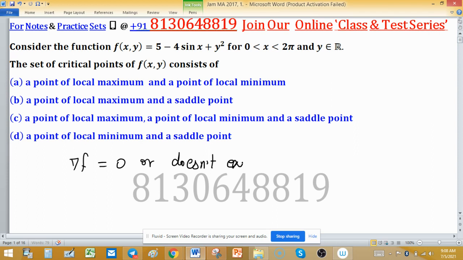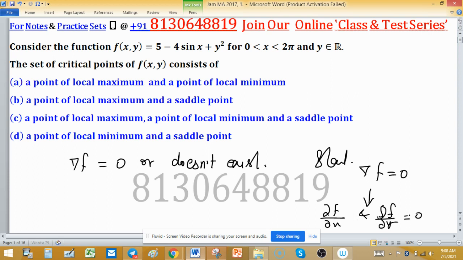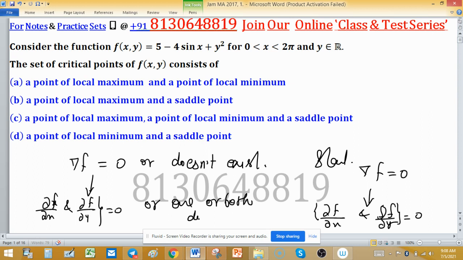A stationary point is a point where the gradient of the function is 0, meaning partial f with respect to x and partial f with respect to y are both 0. For a critical point, either both are 0, or one or both don't exist.